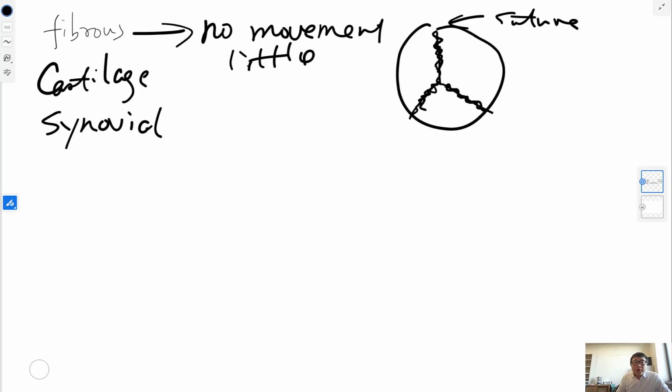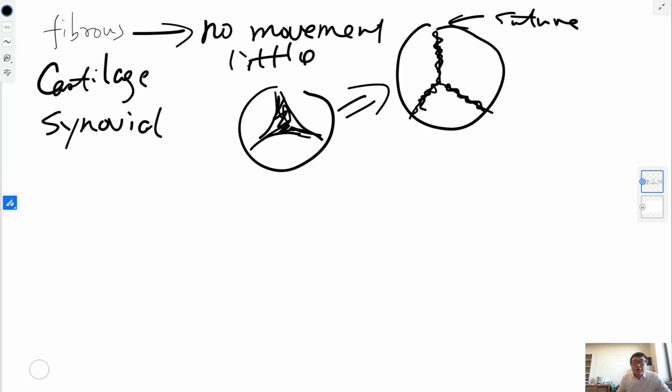Most likely adults still have suture. However, in young kids, the suture is much larger than in adults. And this flexible suture is not just a simple glue. It actually has many different cells.